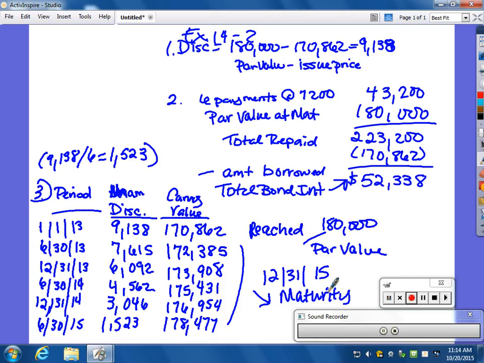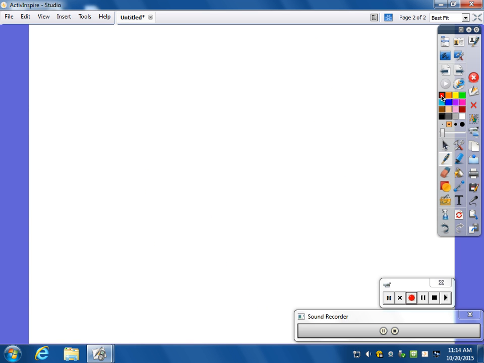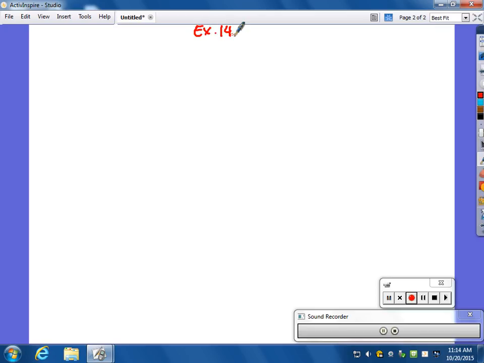36,860. Okay, let me get to another screen. So this is exercise 14-3. And how did you get that discount? I took the par value of 500,000 minus what it sold for at 463,140.